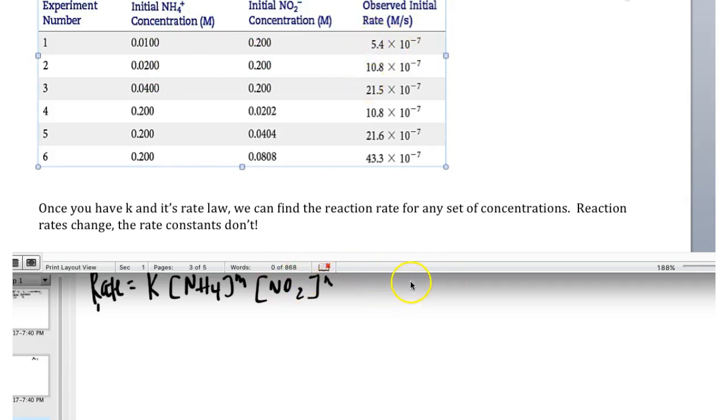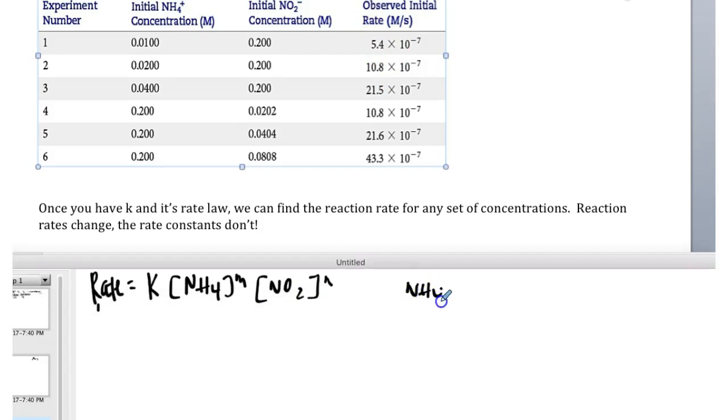So what we say is that NH4 shows a direct proportion, where if you multiply by 2, the rate also multiplies by 2. If you look at experiment 1 and 3, we could see that it multiplies by 4, 0.01 to 0.04, and here it's constant. In experiment 1 and 3, NH4 is quadrupled, and the rate, 5.4 to 21.5, is also quadrupled.